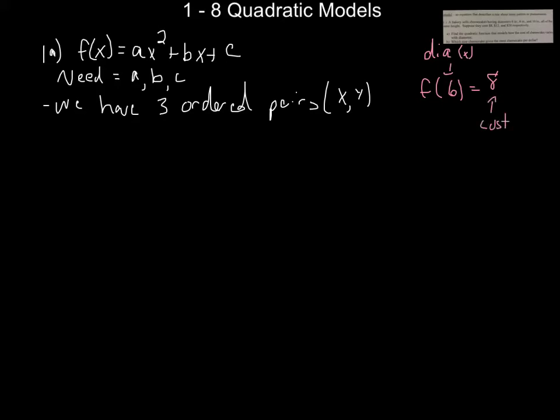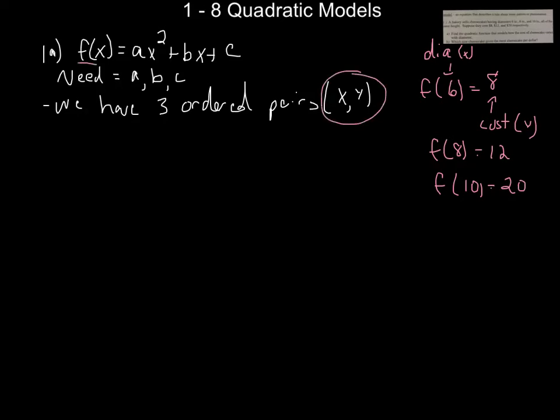That's our y value. What were the other ordered pairs? F of 8 was $12, and a 10-inch cheesecake cost $20. Well, hey, there's 3 ordered pairs right there.